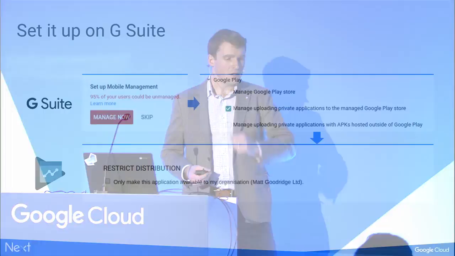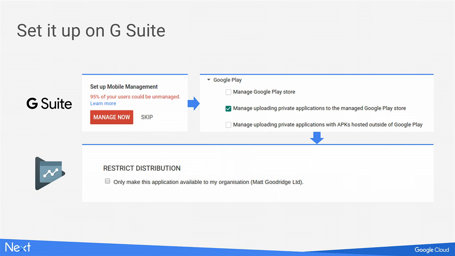Once you've signed up to that, then within the administrator's role-based access setup, you can create an administrator with the ability to upload private apps to Play. If you want to publish public apps, then there's nothing else you need to do for your administrator. Then for that admin, sign up to the same Google Play account that we saw in the previous slide.